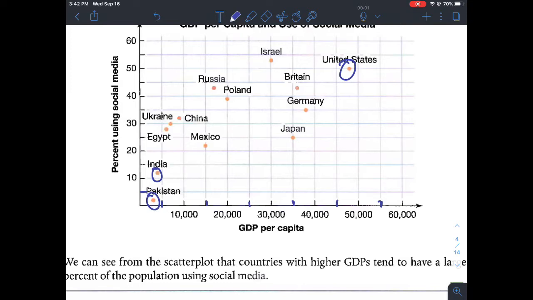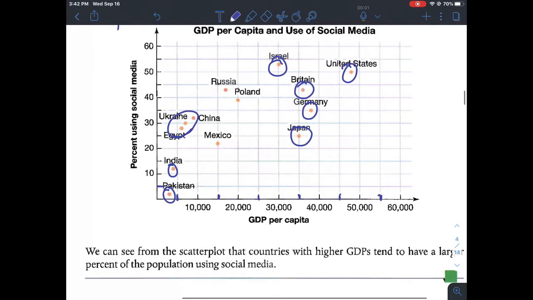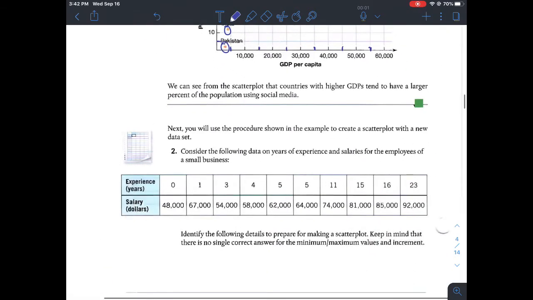The United States, Great Britain, Germany, we'll throw Japan in there too, have a higher GDP, a higher income per year, and they're using social media a lot more. Israel might be considered a little bit of an outlier. They're using a lot of social media, but their income per year is pretty much smack dab in the middle. Ukraine, China, Egypt, pretty low income per year, kind of low on social media trends.